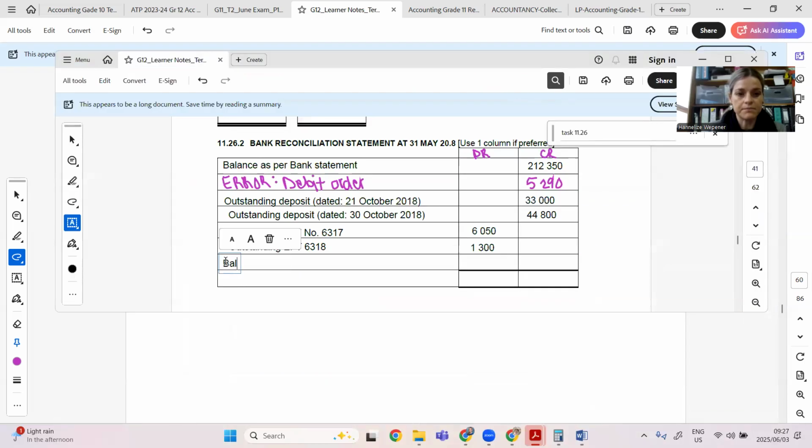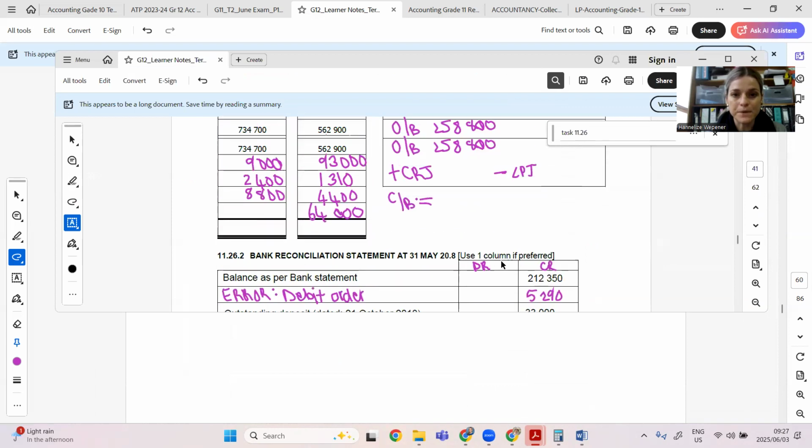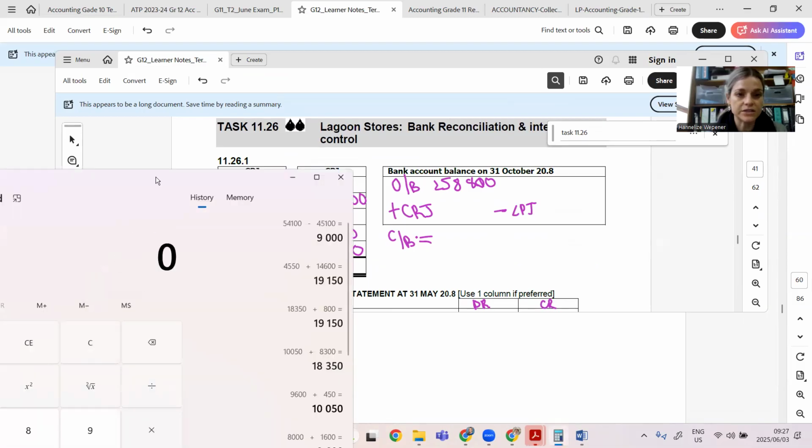calculate what our balance as per bank account is. And then this balance must be the same as the balance that we get here when we calculate our bank account balance using our opening balance and our journals.